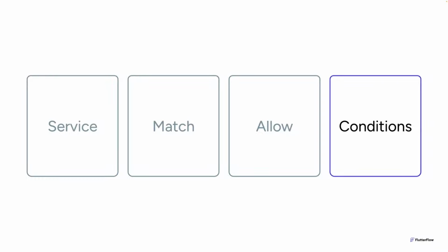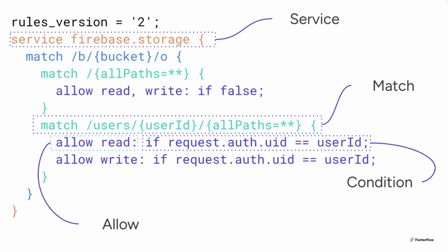These conditions can be based on authenticated users' properties, such as a user ID or written data. Here is an example. We have a Firebase Storage security rule that allows users to read and write data in the storage only if they are authenticated and the storage user ID matches their own user ID.